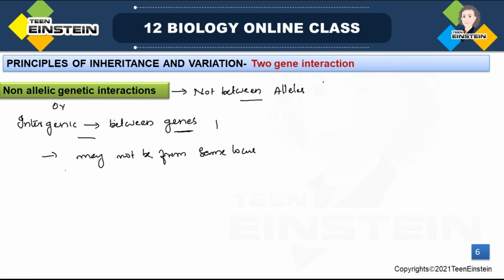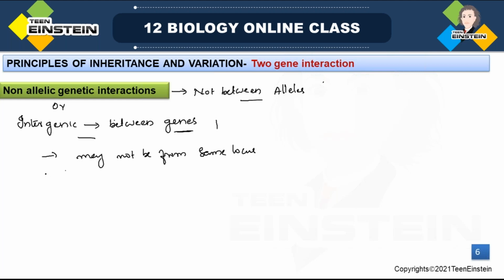And on different chromosomes, genes of different chromosomes may interact. That is also one chance. On the same chromosome, interaction may take place, but it's not between alleles. It is between different genes. Different genes of different locations can interact, and different genes of different chromosomes can interact. So all these chances are there.